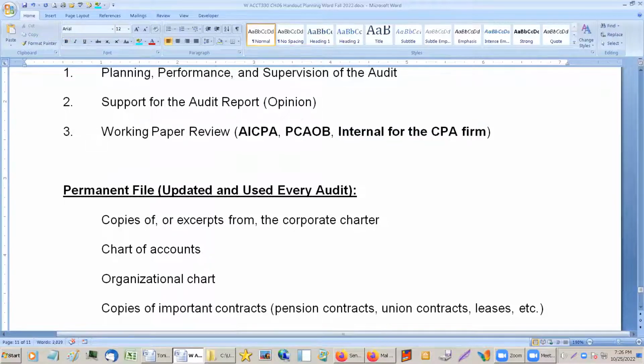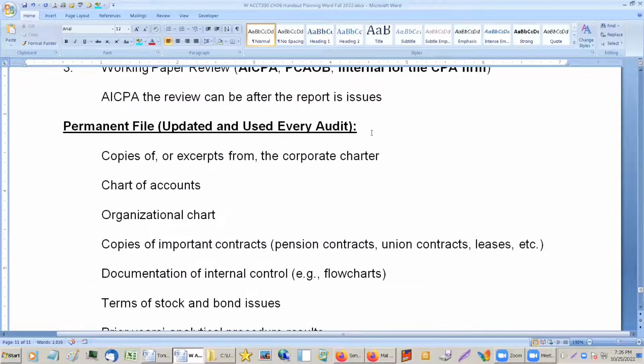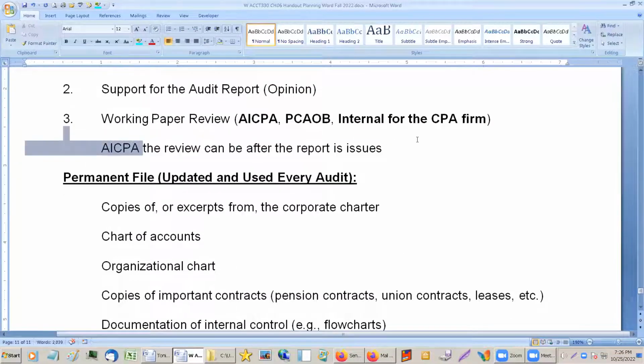And I may as well say that for this review of the working papers, for the AICPA, the review can be after the report is issued.